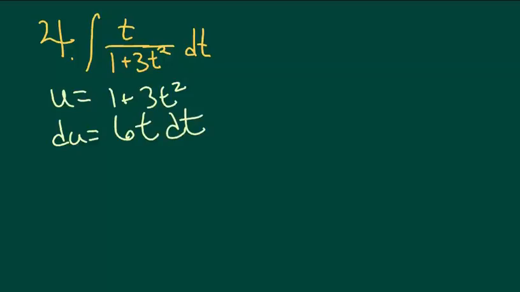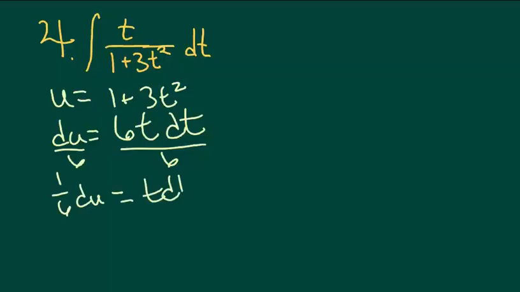To make the derivative that you took more closely match what you have in the original expression, because there's no 6 there, you just divide both sides of this by 6. So now you have 1/6 du is equal to t dt, and you have t dt in your original expression.